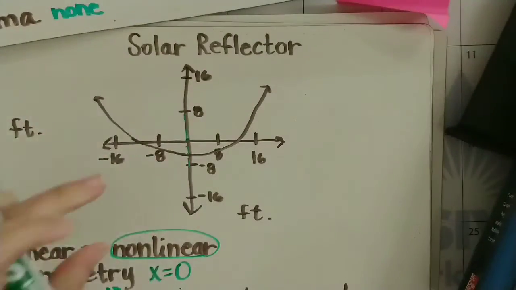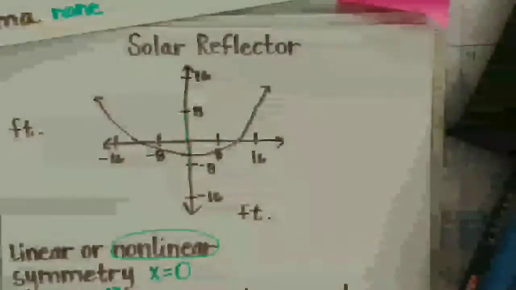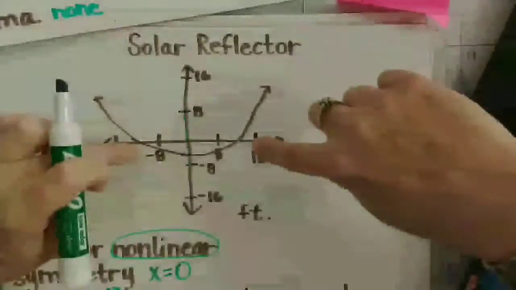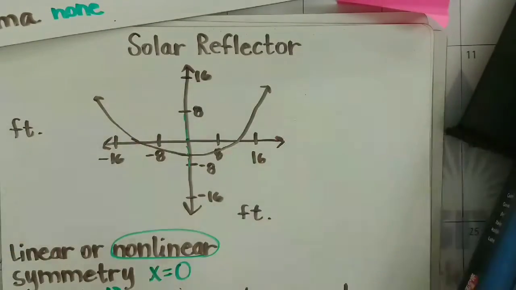And I believe we have a second piece over here, 12 to 16. Where does it lie below? This area right in here is below, and that's -12 to 12.